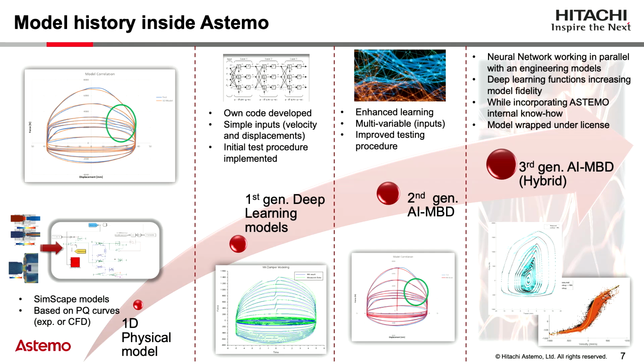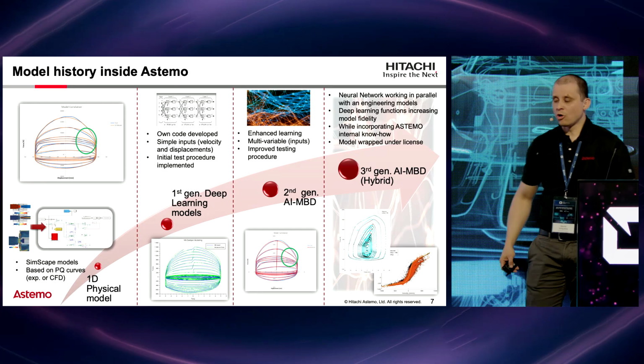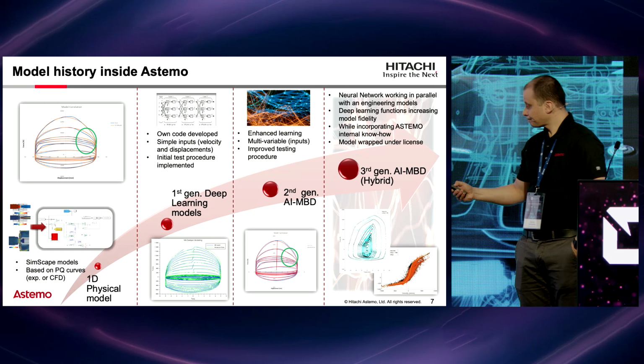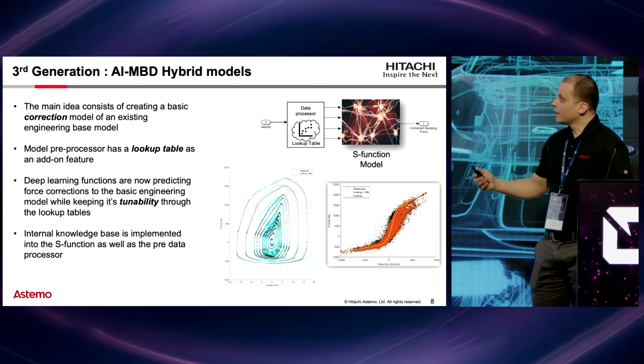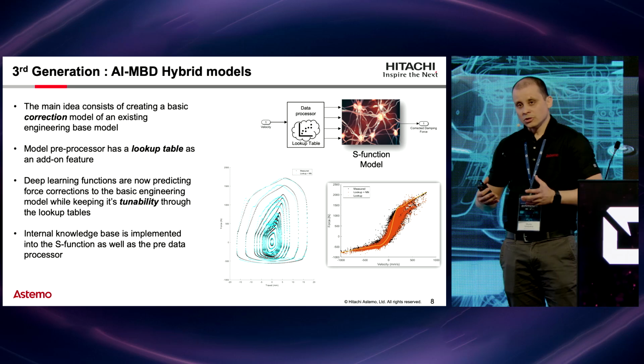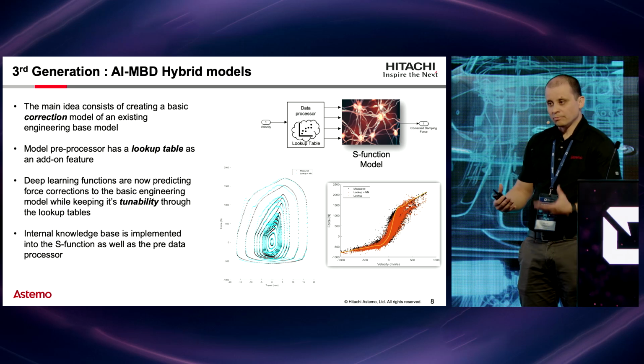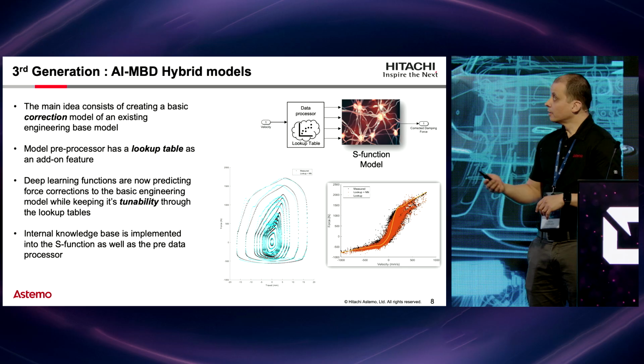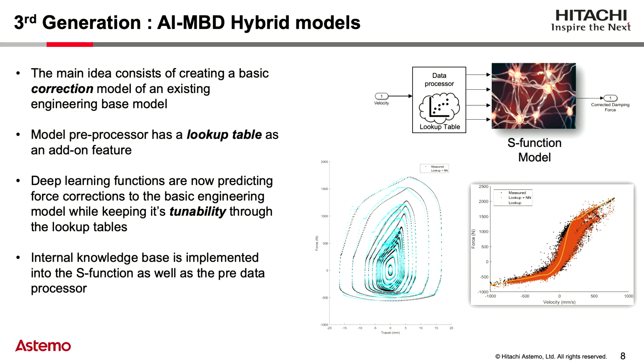Now we are on the third generation of these models, where we put together a data processor that uses the lookup table data as input, and we have the S function model that predicts the behavior of the damper based on some data sets that we provide.